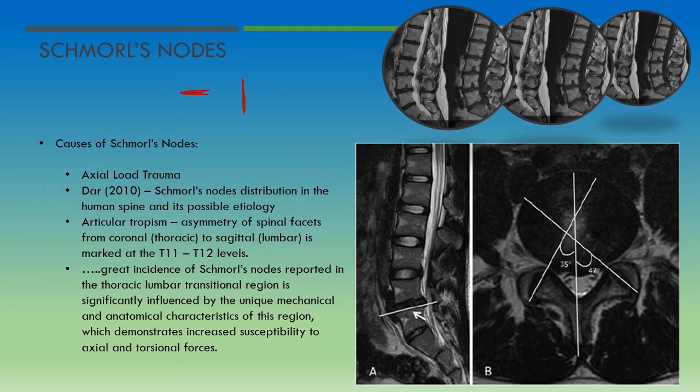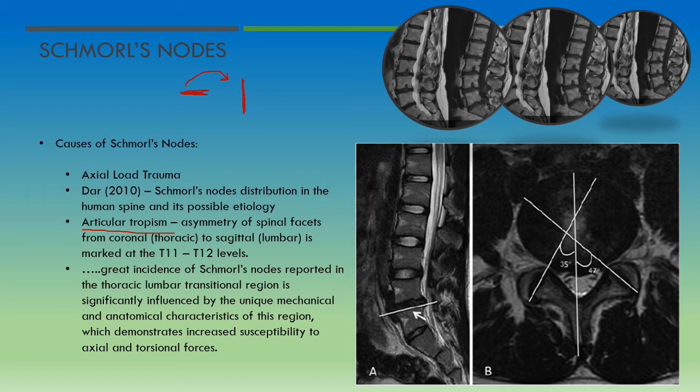So at the thoracolumbar region of the spine, there's a transition zone wherein the articular facets move from coronal to sagittal. And because of this differential orientation of the articular facets, this is an area of the spine subject to high mechanical and functional forces. And the problem is compounded in those cases where articular tropism or asymmetry of the spinal facets is encountered, where one spinal facet is oriented in a different plane compared to the opposite spinal facet.